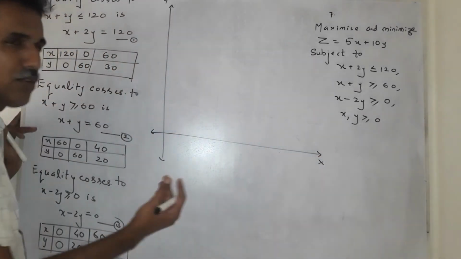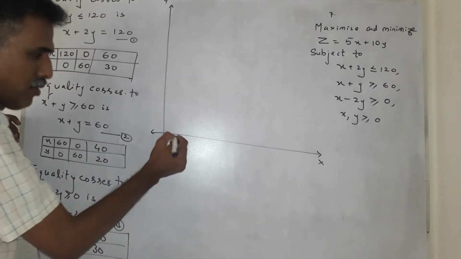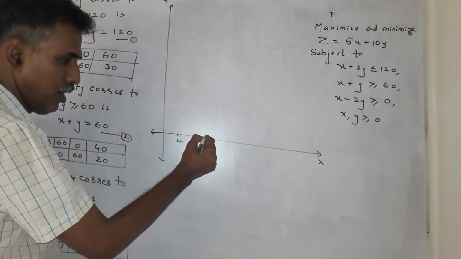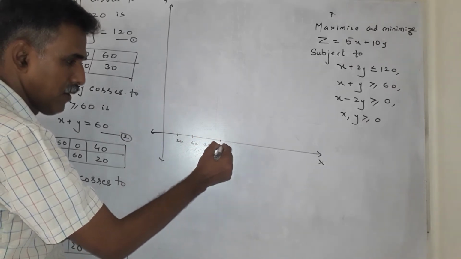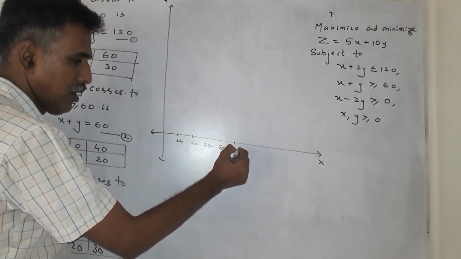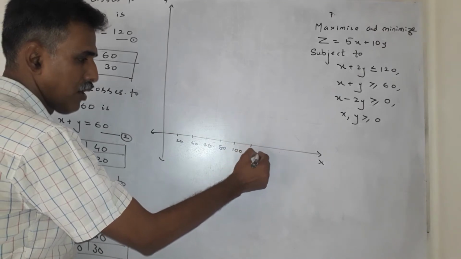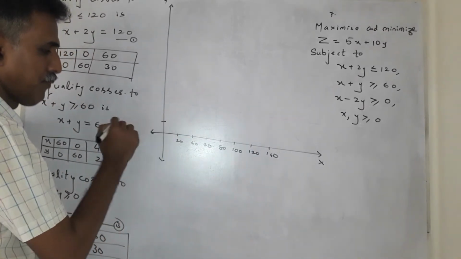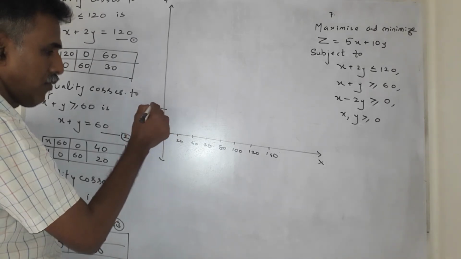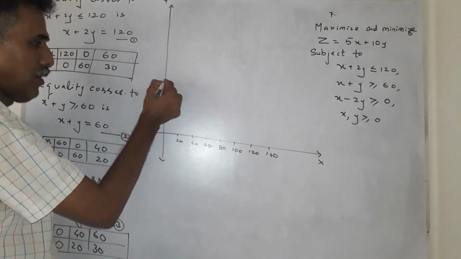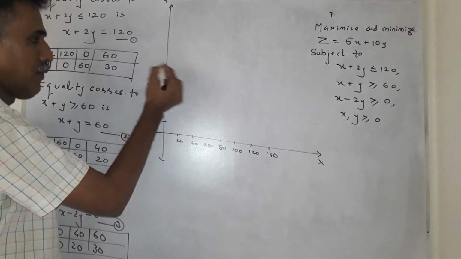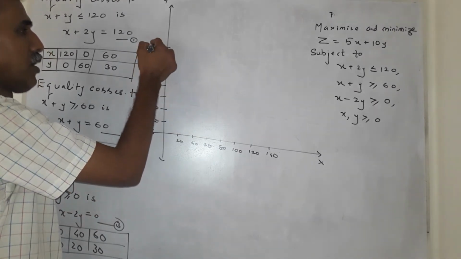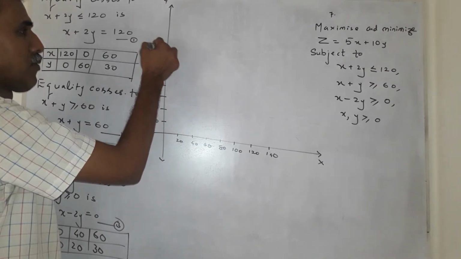Let me have a scale of 20 units. So 20, 40, 60, 80, 100, 120, 140. 20, 40, 60, 80, 100, 120 and 140.